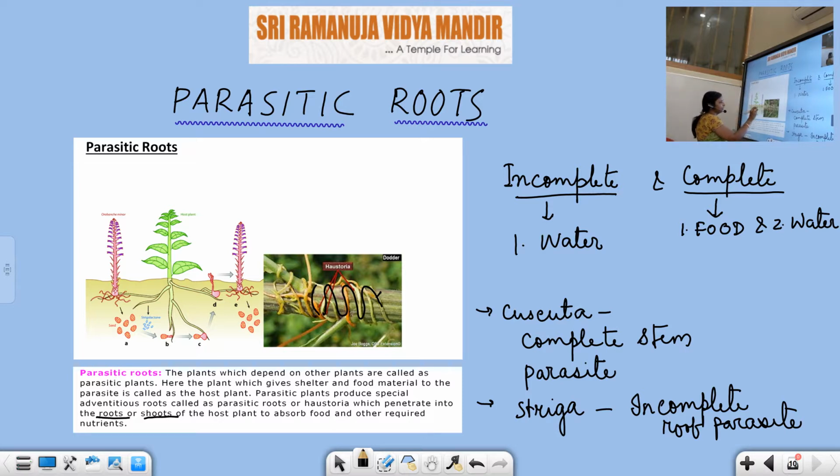If you see the diagram of Striga, it has leaves, so it can prepare food, but for water it is dependent upon another plant. So this is incomplete because it can prepare its food, but for water it is dependent on another plant. And as it is attacking the root, it is an incomplete root parasite.